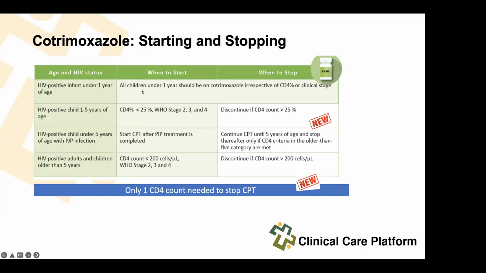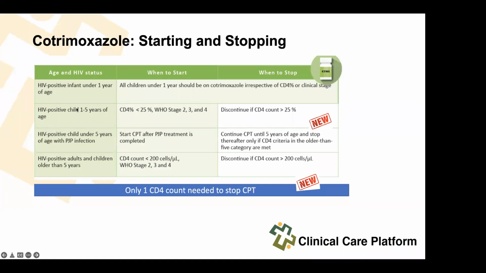All children, if you are looking at children less than 1 year of age, all HIV positive children less than 1 year should be started on cotrimoxazole, irrespective of their WHO staging or CD4 count, because we know that PCP for that age group is quite a severe infection, and most babies would not survive, which is key.